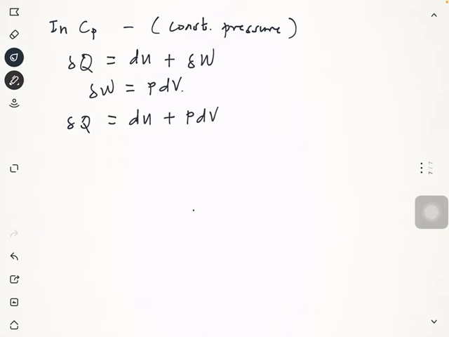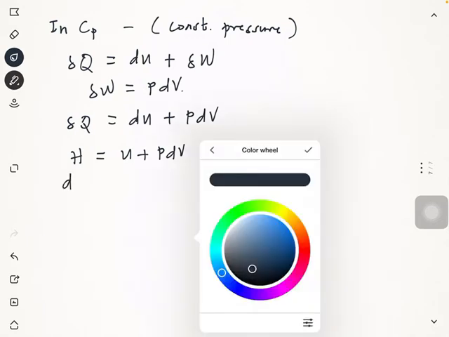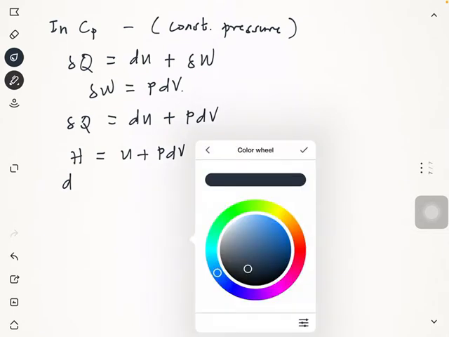Okay, and in our previous discussions we have this enthalpy, that enthalpy is H equals U plus PV, and we are going to differentiate this one.